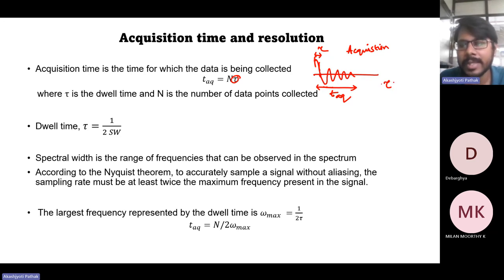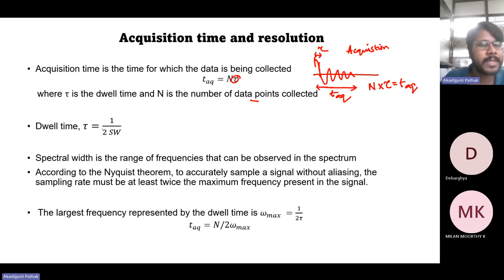If we multiply this dwell time by the number of data points that we record, that is N, the number of data points, then we get T acquisition, which gives us the total time for which the data is recorded. So N is the number of data points collected and tau is the dwell time.